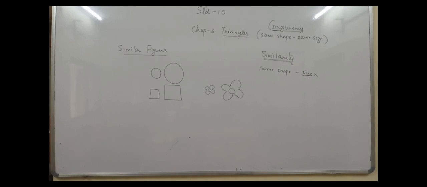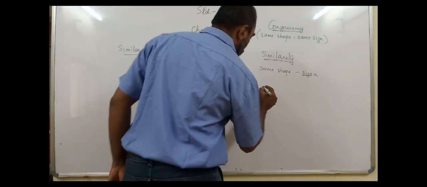On page number 119, we read the definition. Two polygons. Polygons mean square, rectangle, trapezium, whatever, or triangles also. Two polygons of the same number of sides are similar if their corresponding angles are equal and their corresponding sides are in the same proportion. I repeat, two polygons of the same number of sides are similar if their corresponding angles are equal.